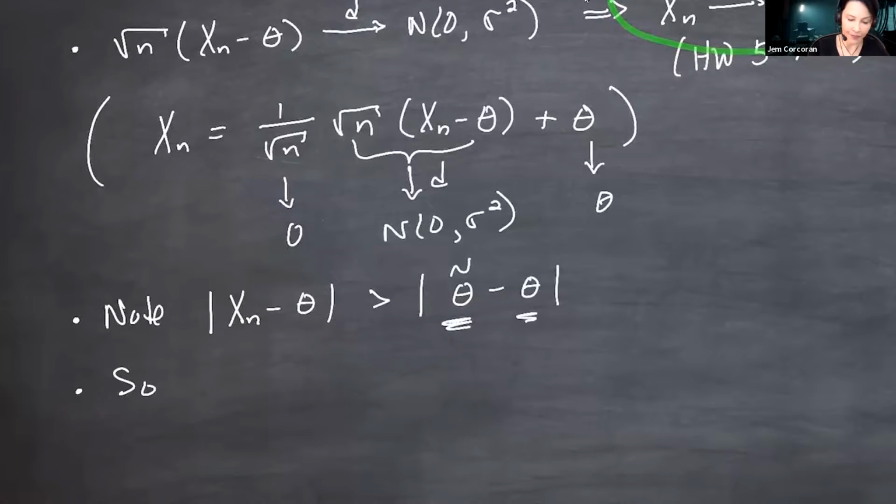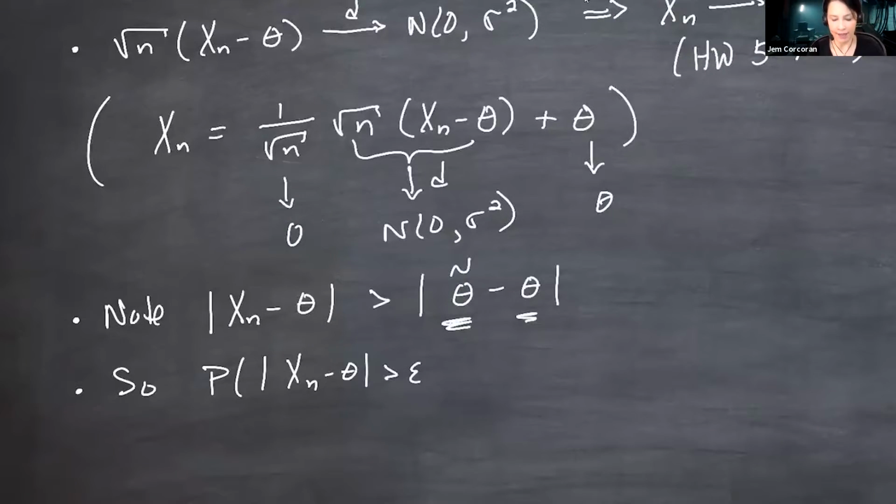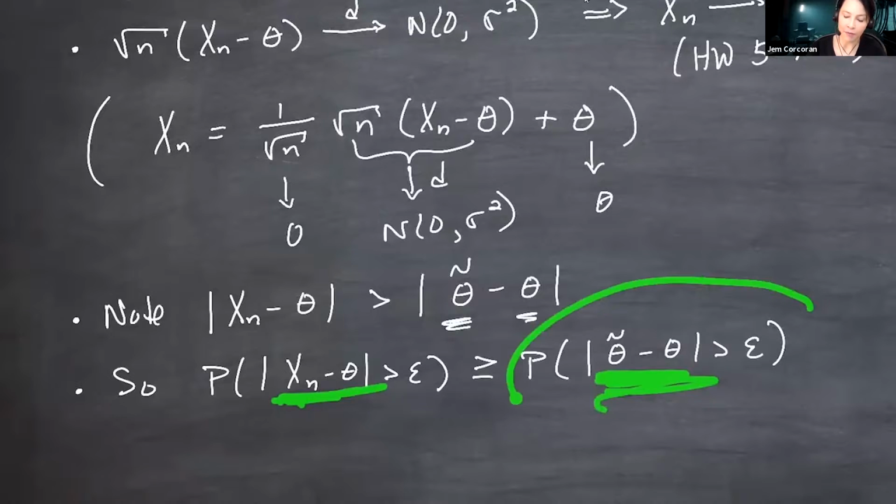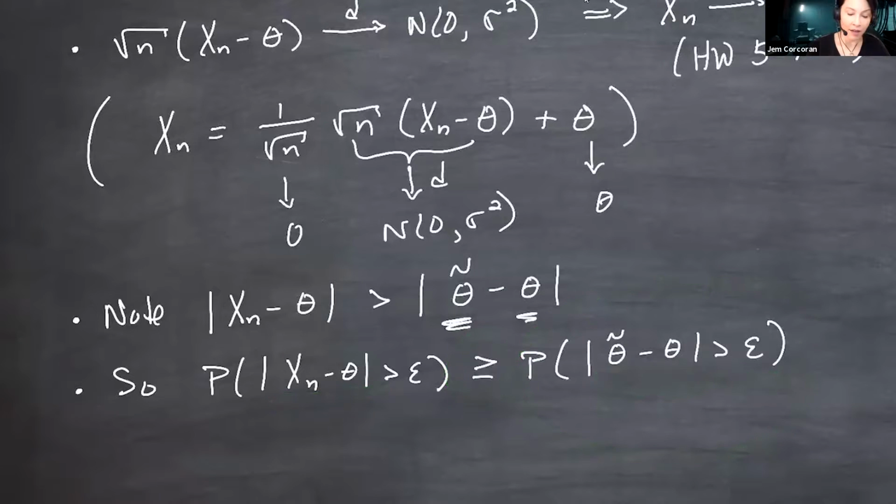So if we write the probability that absolute xn minus theta is greater than epsilon, so fix an epsilon greater than 0, this is greater than or equal to the probability that absolute theta tilde minus theta is greater than epsilon, because this one is smaller than this one, so it has a harder time being above epsilon, so it will be above epsilon with a smaller probability. And then take the limit on both sides.